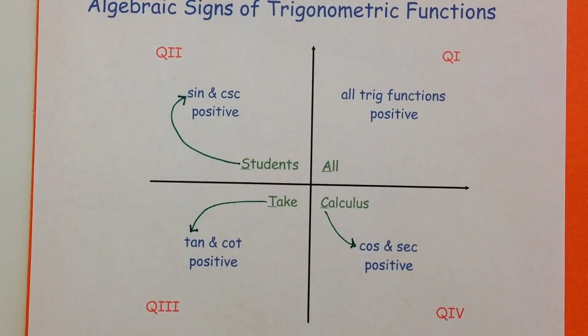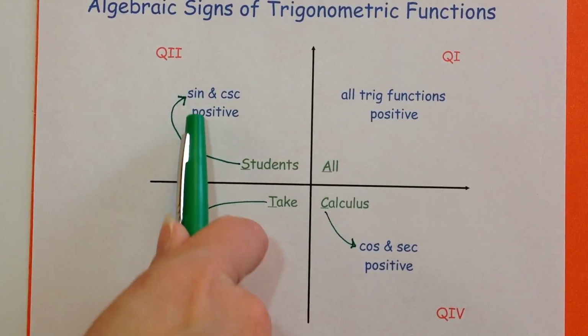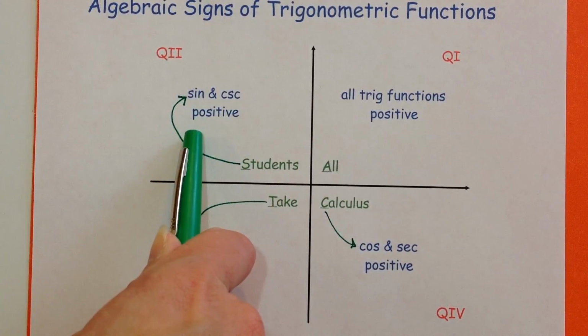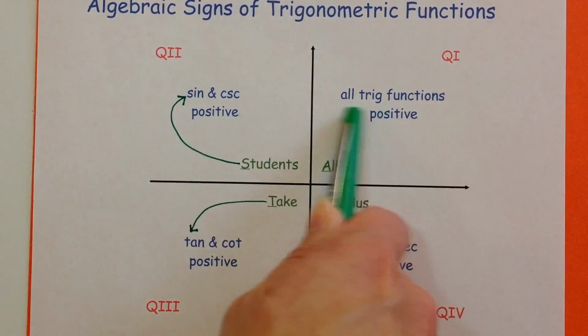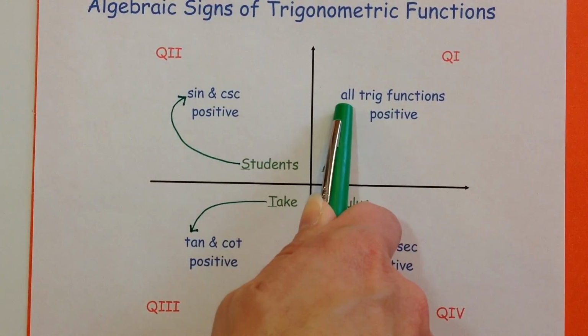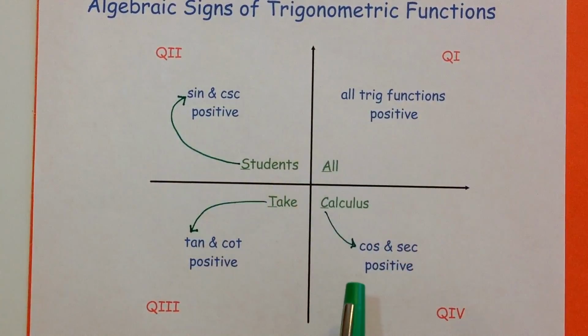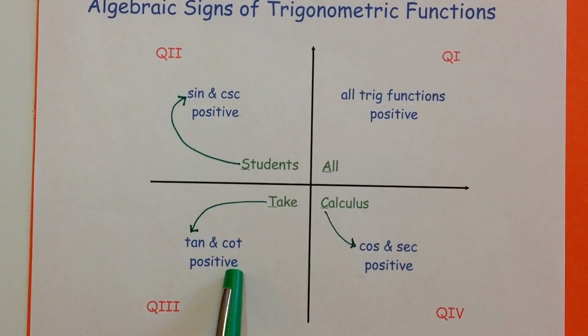And again, what I have laid out here for you is describing where everything is positive. Of course, if you know where it's positive, then you can conclude where it would be negative. For instance, sine is going to be positive here, because all of them are, but then what we can get from that is that sine is going to be negative here and here.